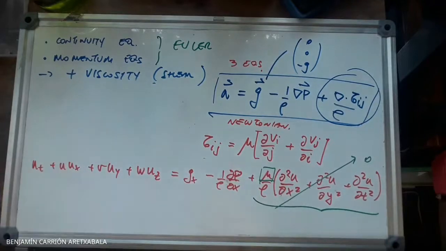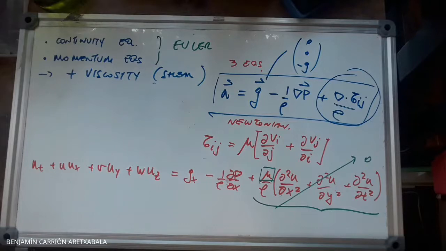These are the Navier-Stokes equations. These are the equations that represent the full motion of complex fluids. For instance, Navier-Stokes equations are used to describe the shape and the motion of galaxies or any other fluid-like physics.